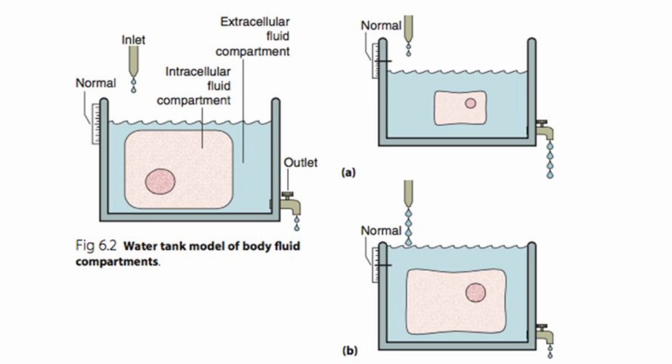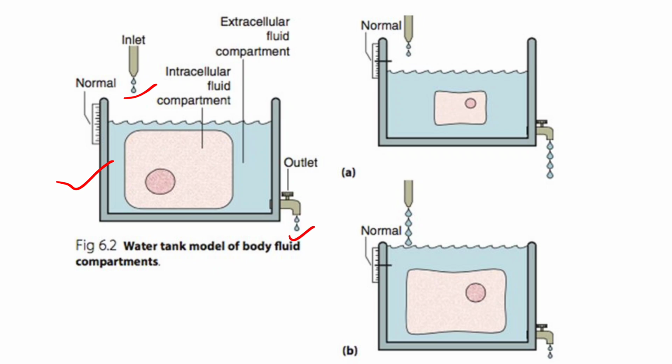Now let us learn the pathophysiological concept behind dehydration and overhydration. The concept can be very well explained by the water tank model of body fluid compartments. Consider this picture: the inlet shows entry of 2 drops of water, and the outlet shows exit of 2 drops of water.